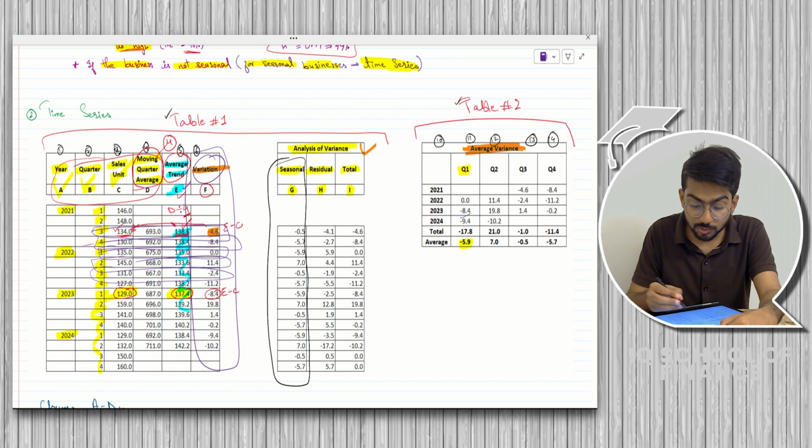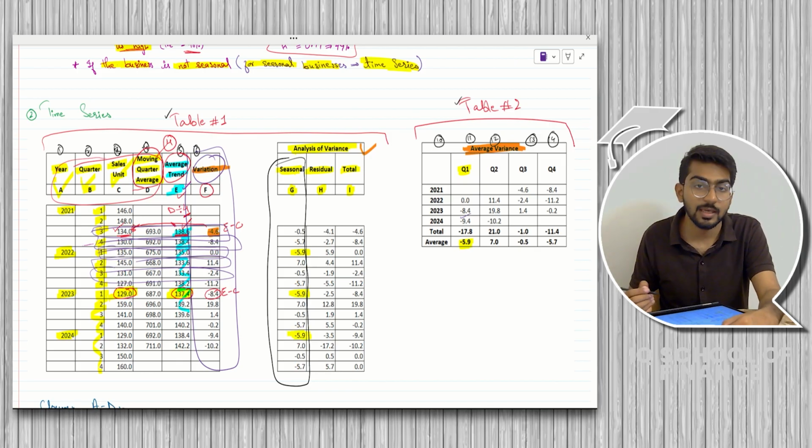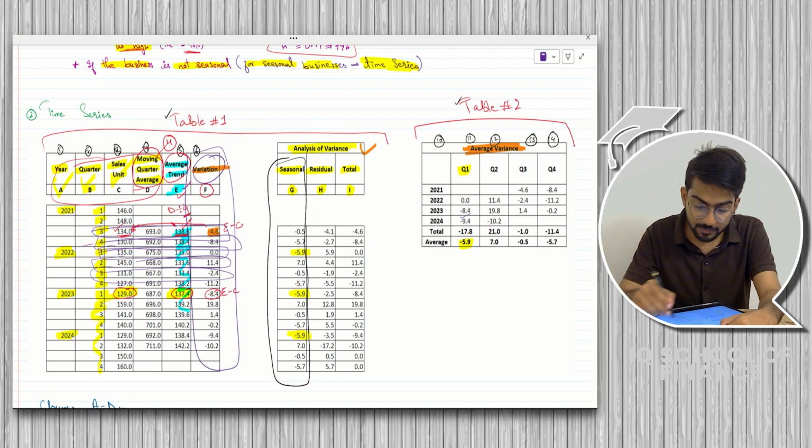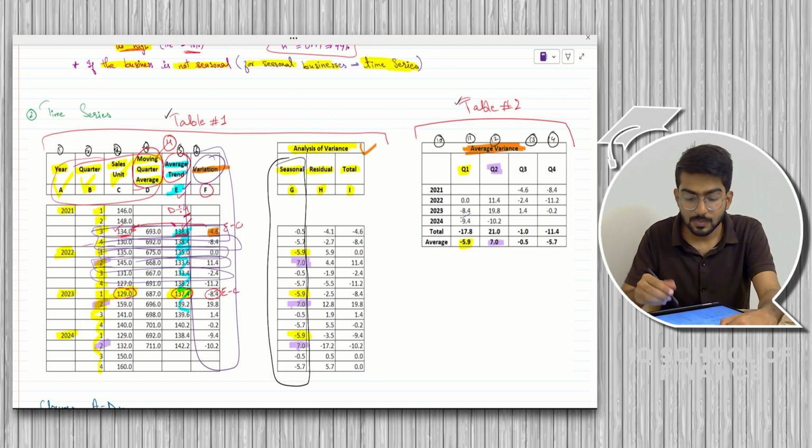So in every quarter 1 we have this -5.9, the average which we have. Again for quarter 2 we have the average of 7. So we will put here quarter 2, 7, quarter 2, 7, quarter 2, 7.